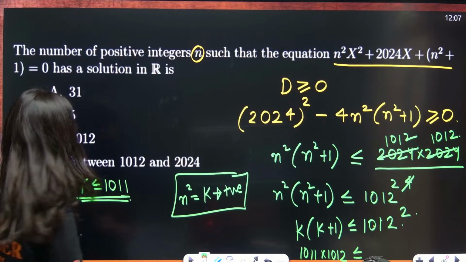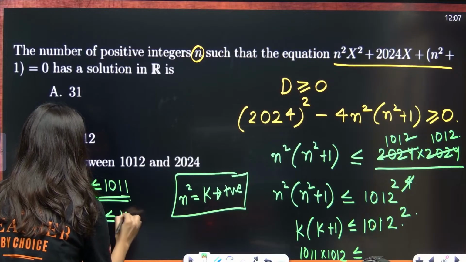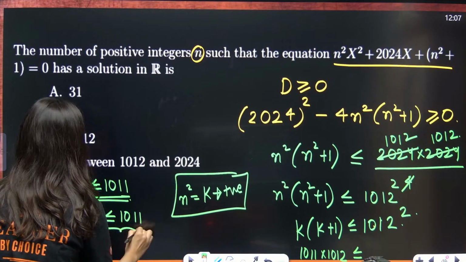Can I write it in this manner? Now k, this is n square, is less than or equal to 1011.